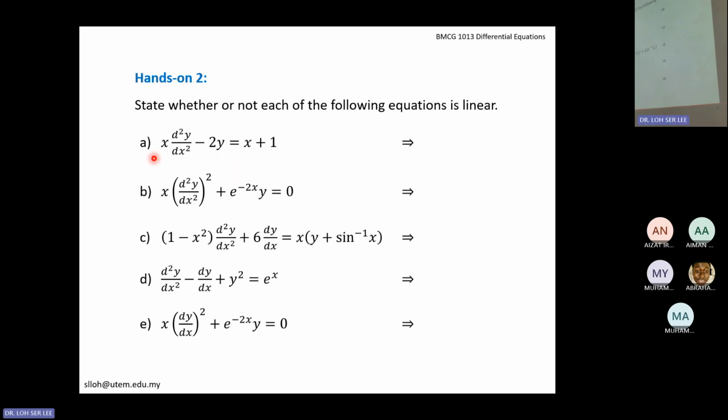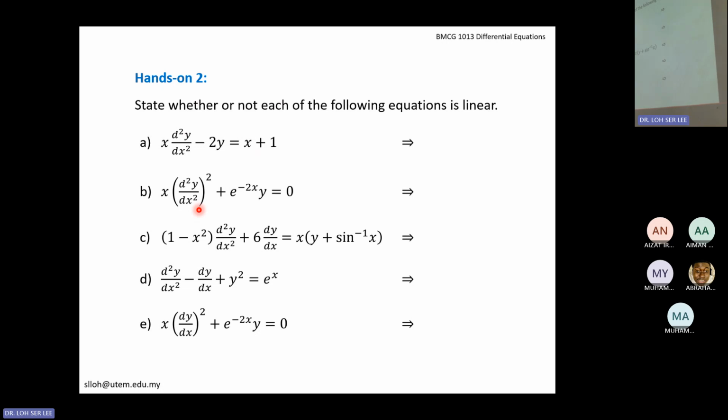Just like this one, this is linear, linear non-homo. So this is linear non-homogeneous. This one is non-linear but homo.